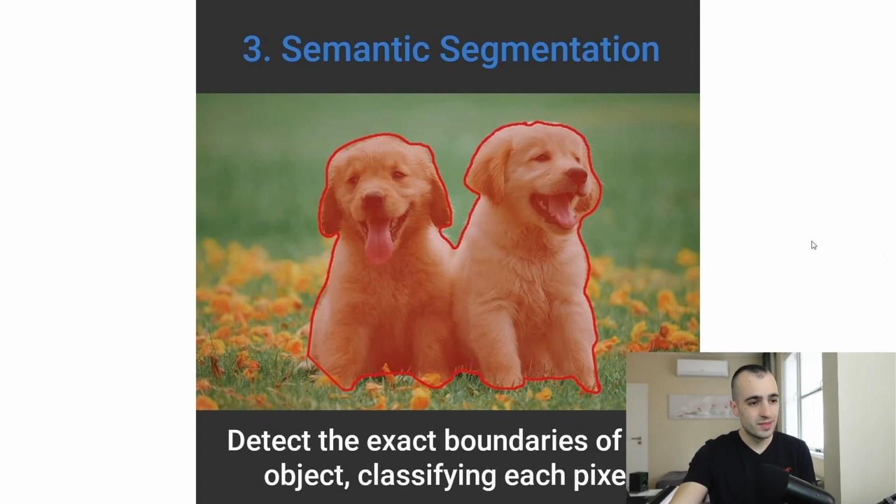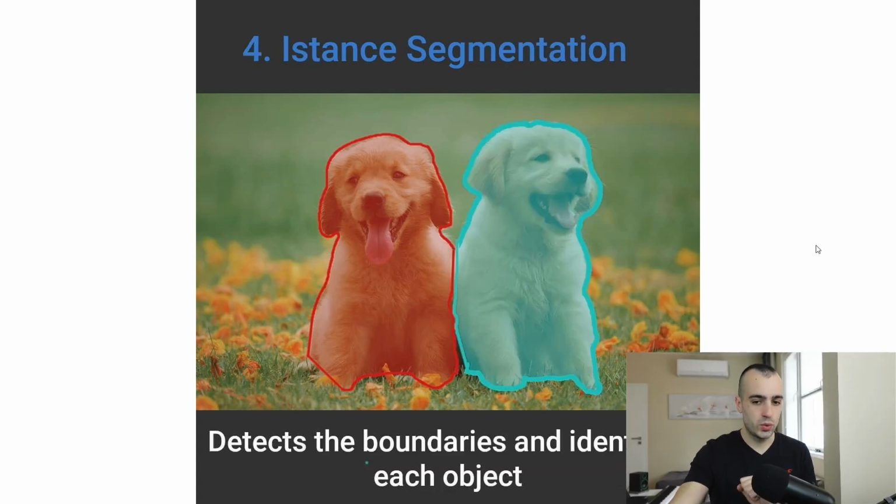And then we have instance segmentation, which is somehow more advanced than semantic segmentation, because we do not only get the segmentation, so the exact contour boundary of the object, but also we're able to split the instances. So we know that in this case there are 2 objects of the same category, so we have 2 dogs right here.